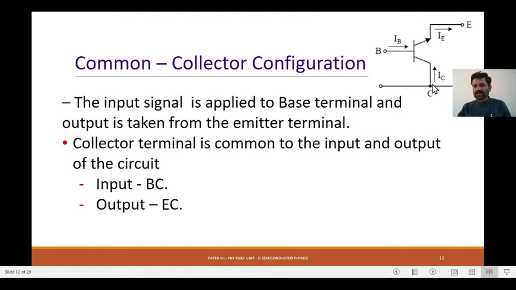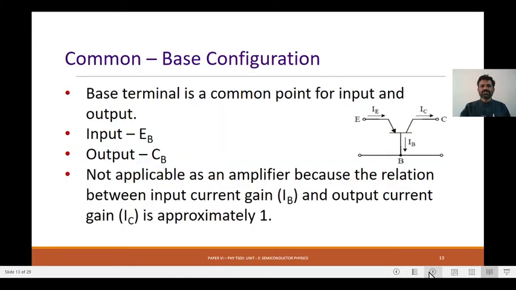So here the collector is common; you are giving an input to the base and taking an output at the emitter. The collector terminal is common to both input and output of the circuit. So here BC is the input, and CE is the output in this particular configuration.